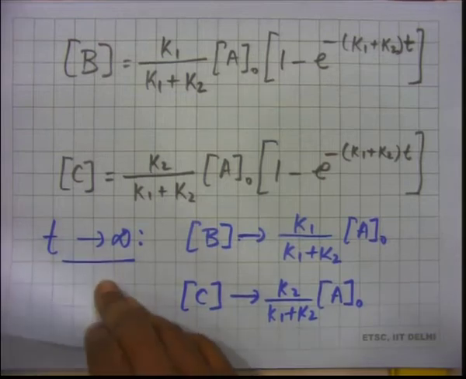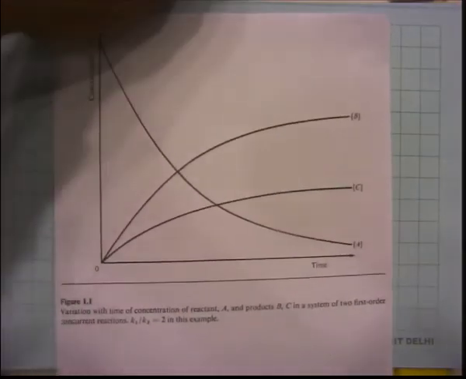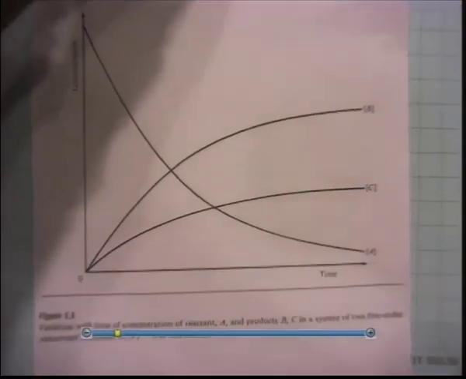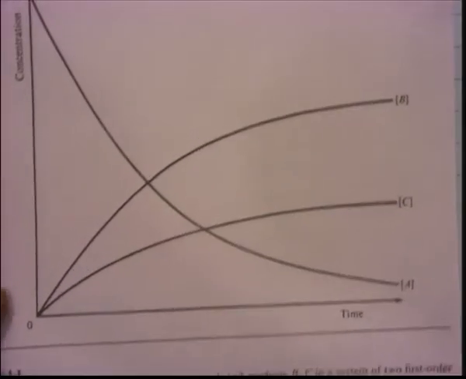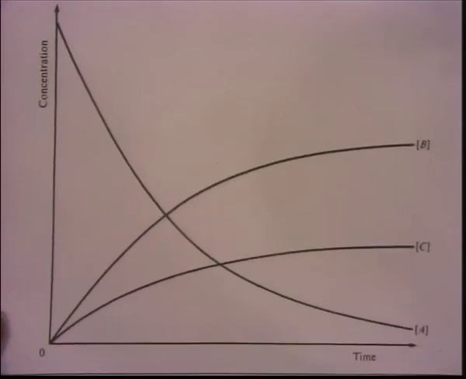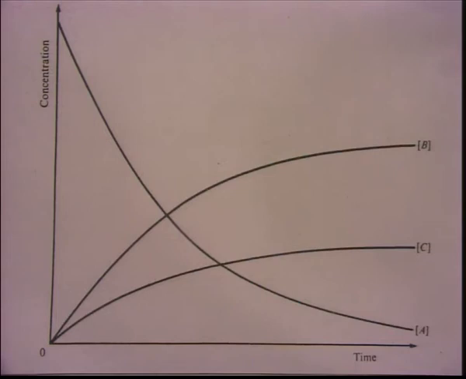And the plot that I have just now shown you, you need some values in order to be able to plot, and this was done by assuming K1 by K2 equal to 2, K1 equal to 2 times K2. You need some values. So, since K1 is more than K2, you see B values to be higher than C values.